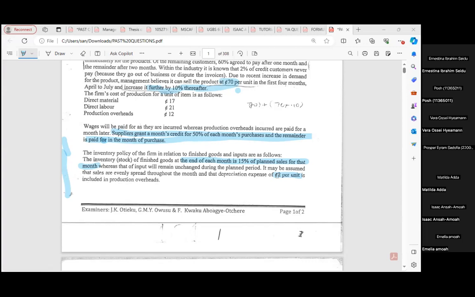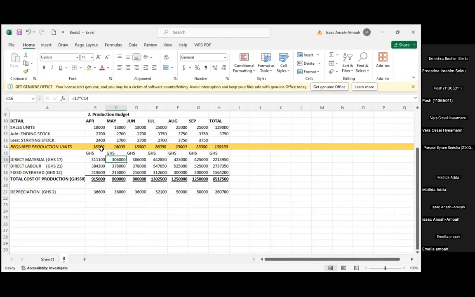So if you produce 100 and something, I forgot. Let me not stress you. I think I get it. So if you produce 1,800 items, you have to multiply 1,800 by each unit cost. That is why we are generating.